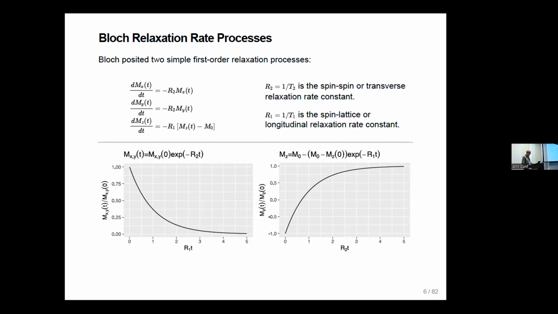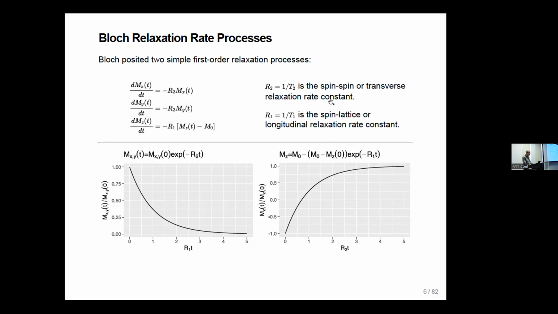And again, just to review, in the beginning of NMR, Bloch suggested that there were two simple rate processes, one that restored magnetization back to Boltzmann equilibrium, which he called longitudinal relaxation.